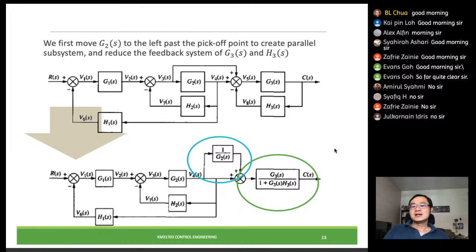By doing this, as long as your equivalent block diagram is right, and you don't make any mistake over here, no matter how you move, you will get the same answer later on. Some people would like to move this side first, some people would like to move the other side, so it depends on which familiar form you have recognized first, what comes into your eye first, so you can do that.